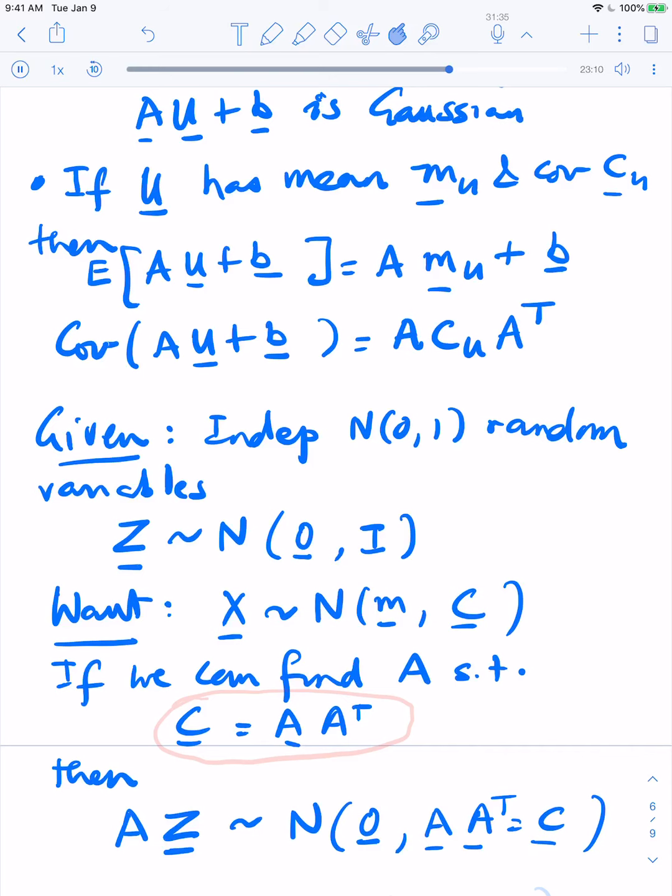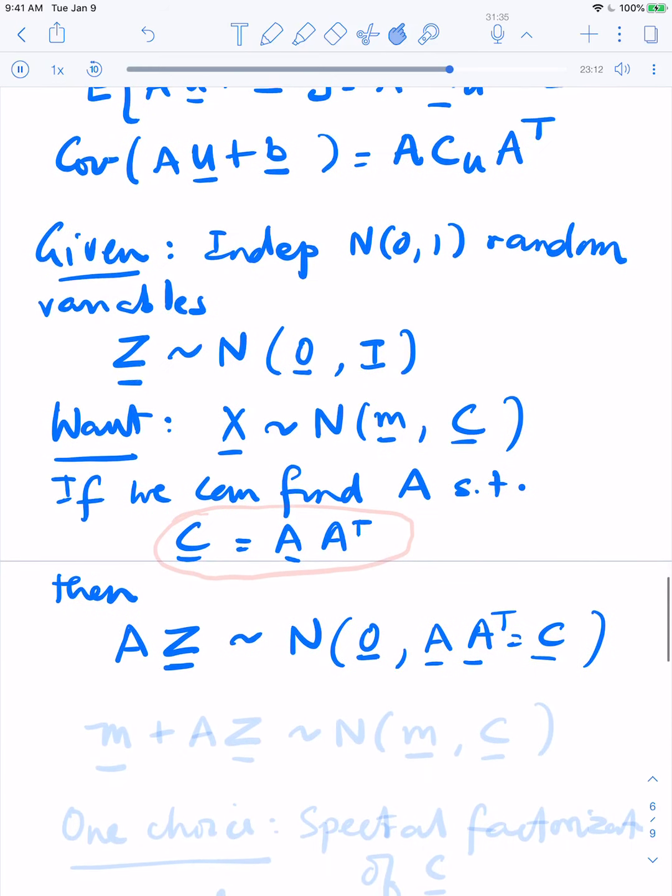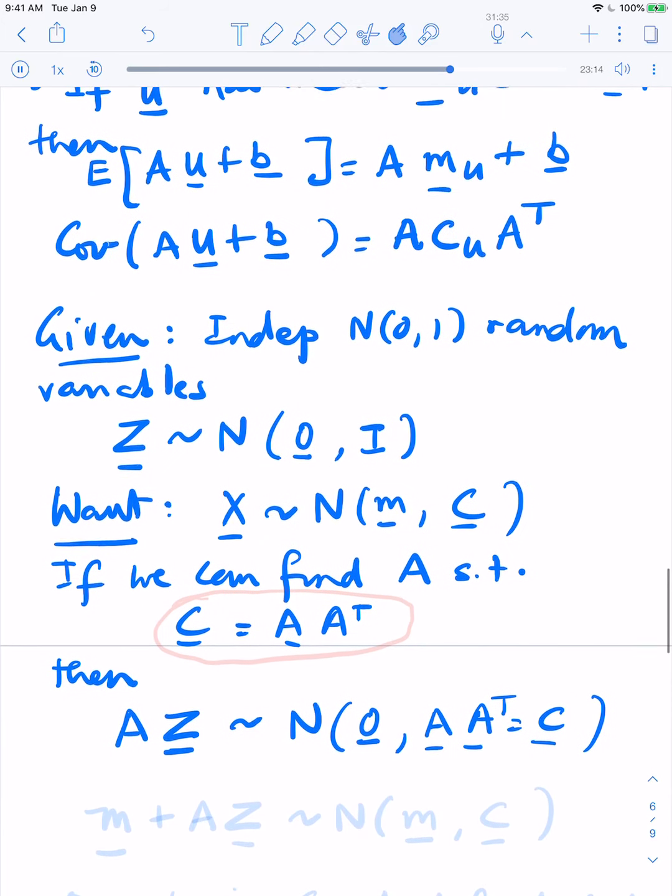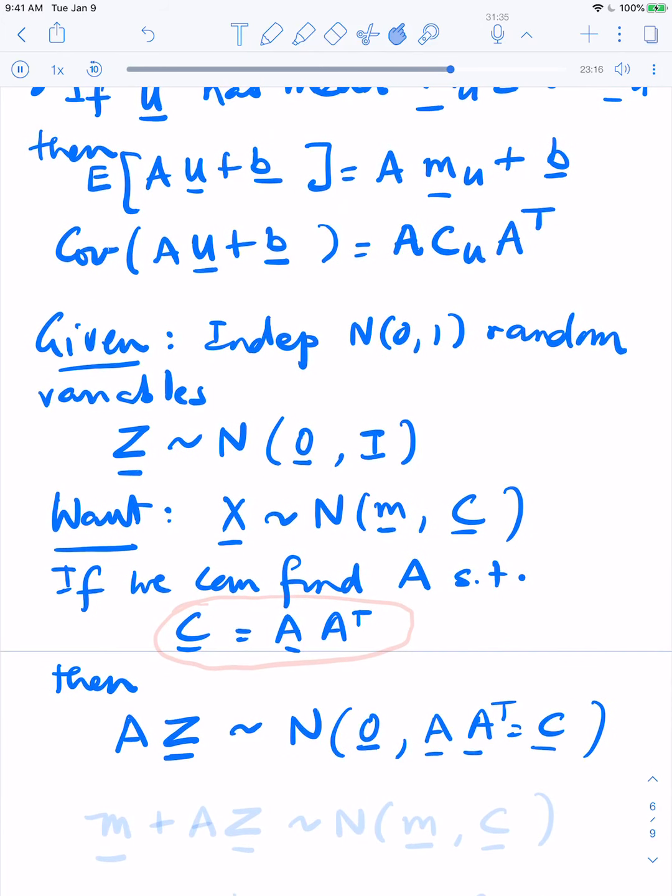So that's great. That's just like what we did for the scalar case, where we multiplied by the standard deviation and we got the right variance at the end of the day. And then when we want to add a mean vector to it, I just add it like that. So the mean plus m is mean m. The mean does not change the covariance, and so we have covariance C, right? So that's how we generate stuff.